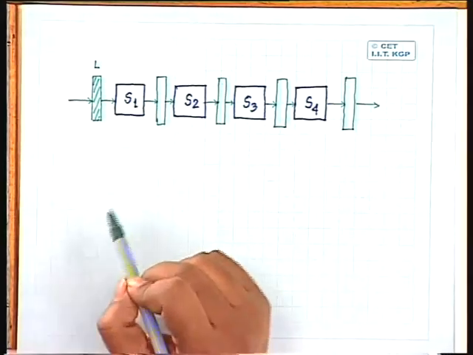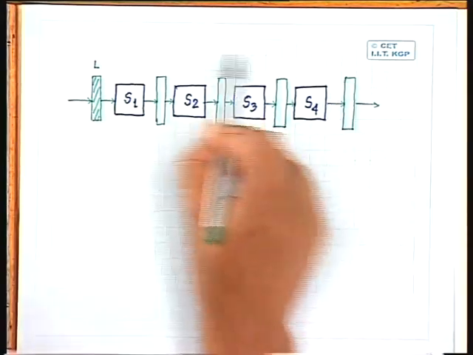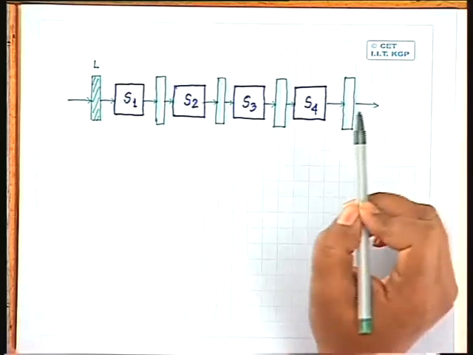So whenever a task is to be executed, this is called a pipeline. The task is fed to the pipeline.